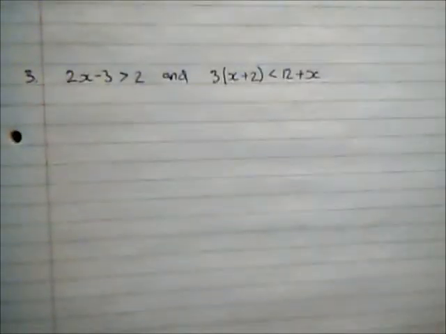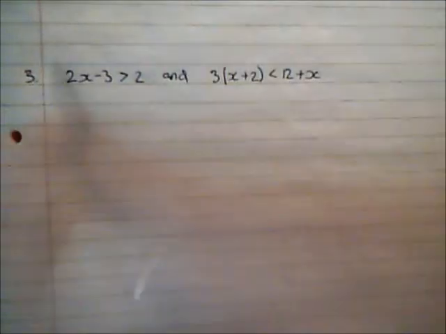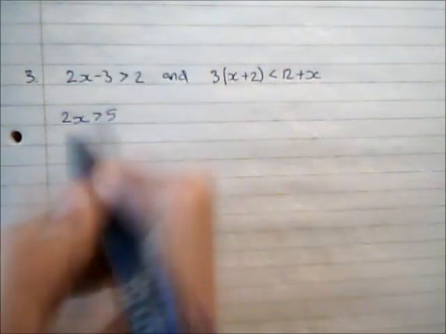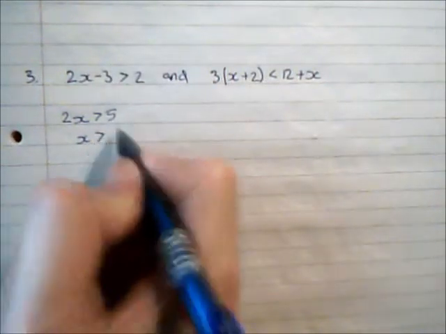Now this third inequality, I'm given two inequalities, and we're looking for a solution which matches both of these. So the way I'm going to deal with that is I'm going to solve each one individually to start with. So this first one, I'm going to add 3 to both sides, and then divide through by 2.